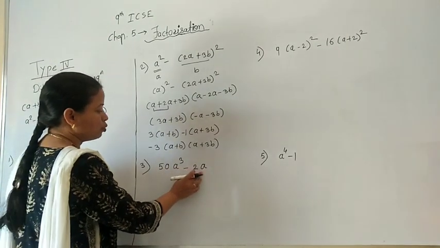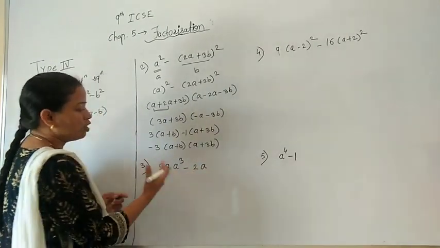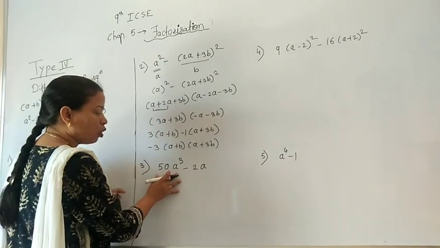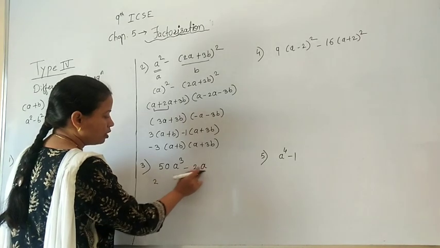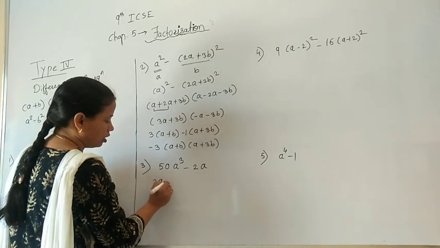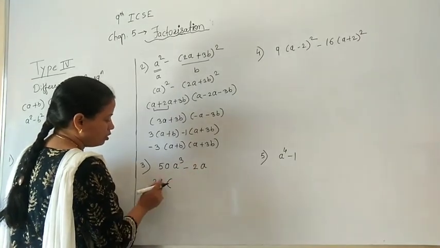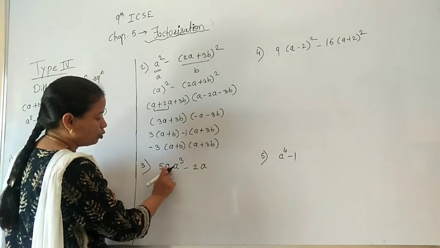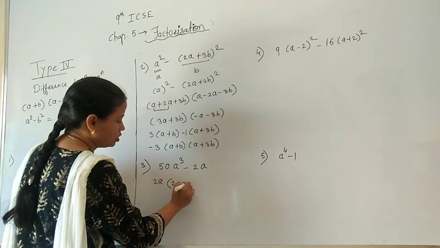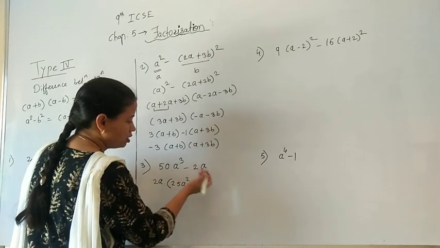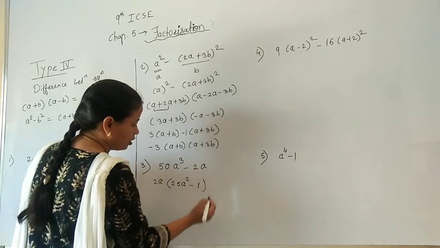50a cube minus 2a, but we want it in the square form. So we will take common: from numbers we take 2, and from variables we take a. In the bracket, as we are taking 2, I am going to divide by 2. So I have 25a square minus 1, since 2a is taken common, so that 1 is only left out.